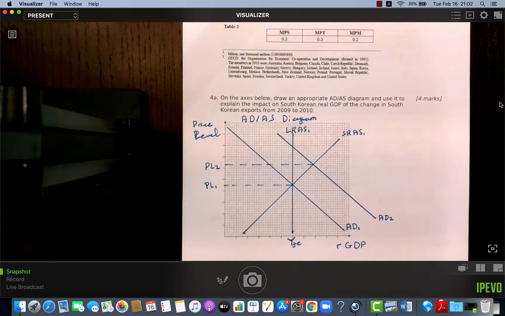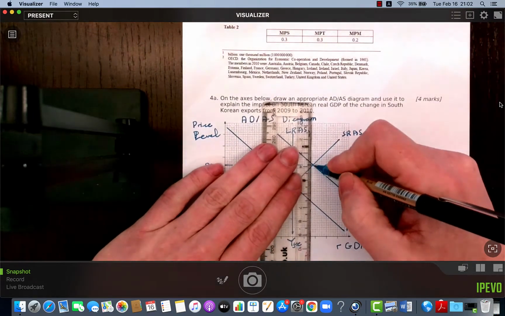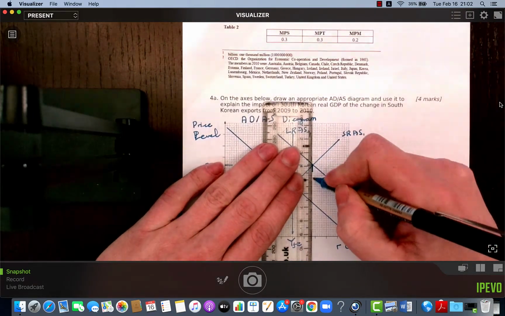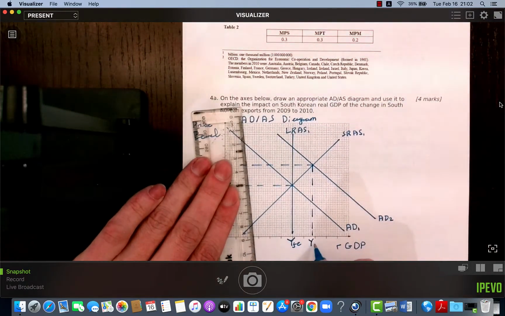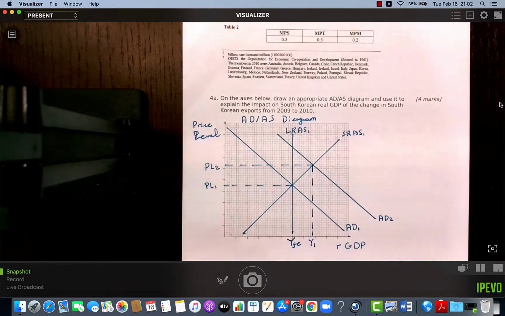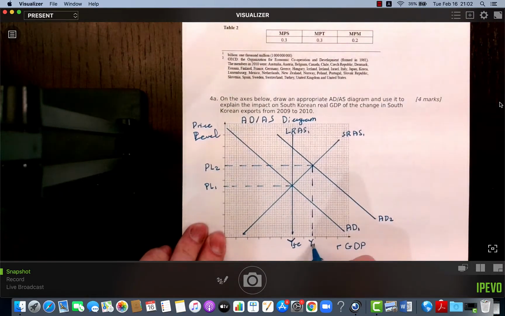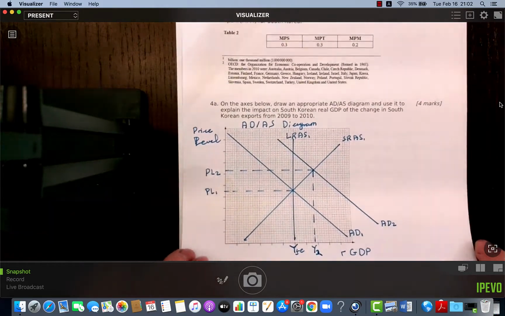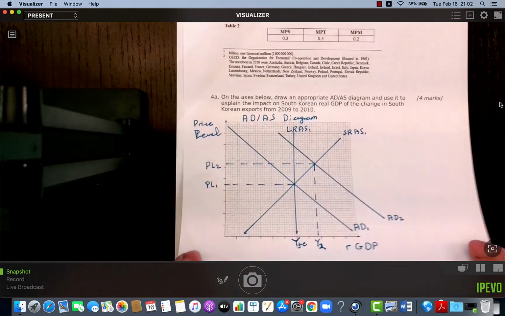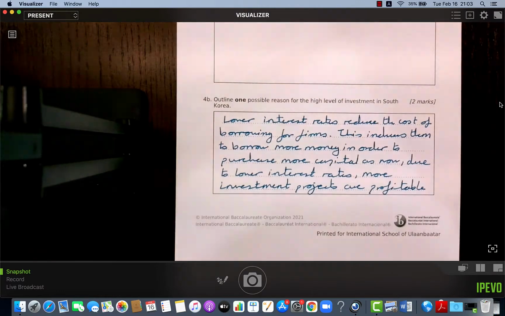So at the very least, you have to show an increase. You need to show that on the diagram, and I'll just call this Y2. Actually Y2, that would be madness to call it Y1. And when you read the examiner's report, you see that a lot of people didn't do that. Now have I done all of that? Yes, I believe I have.